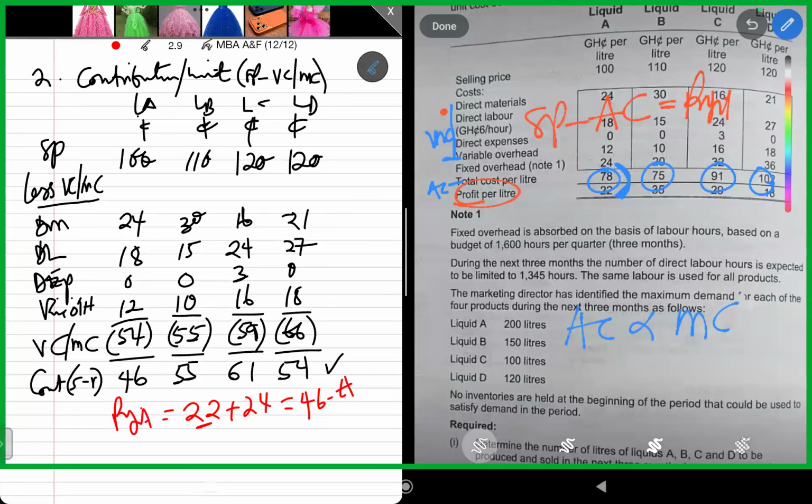So they must have subtracted the fixed overhead to get a profit of 22. For us to go back to the contribution, we add the 24 which they subtracted. So the profit of 22, we add 24 to give us a contribution of 46. Is that correct?